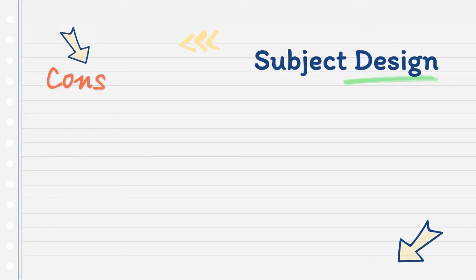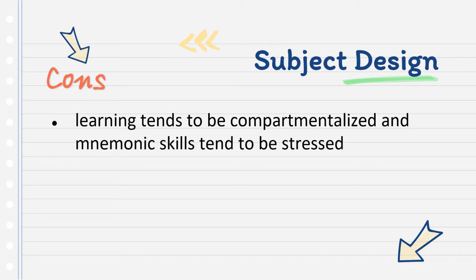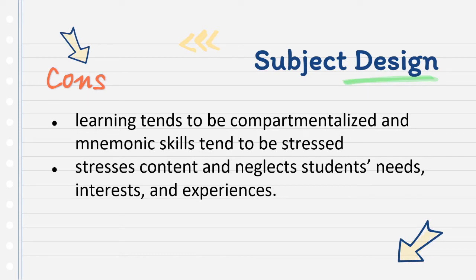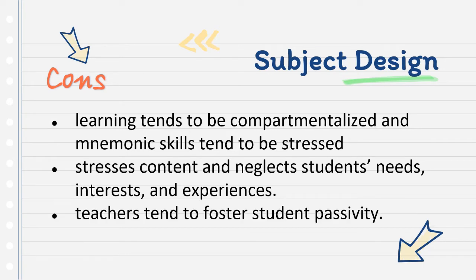Another disadvantage of subject-centered design is that learning tends to be compartmentalized and mnemonic skills tend to be stressed. It also stresses content and neglects students' needs, interests, and experiences. Finally, teachers tend to foster student passivity.